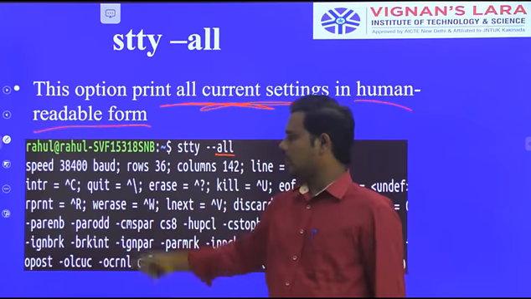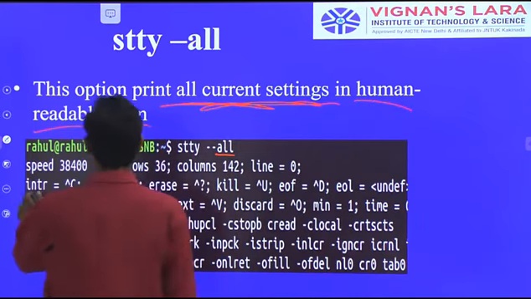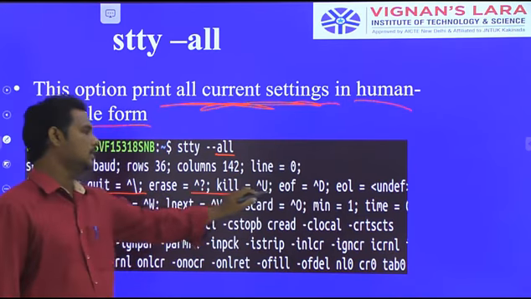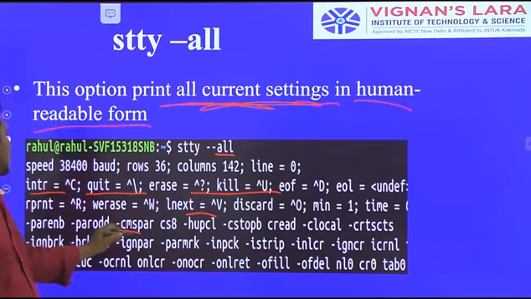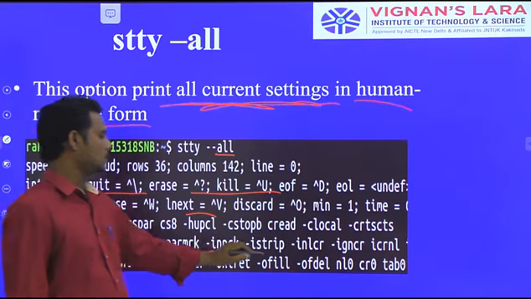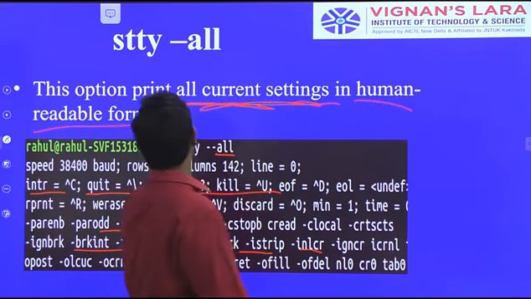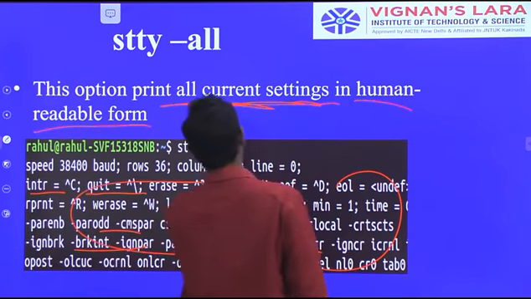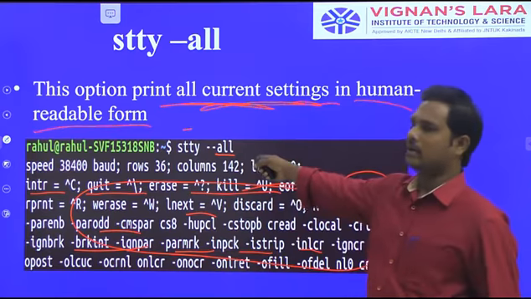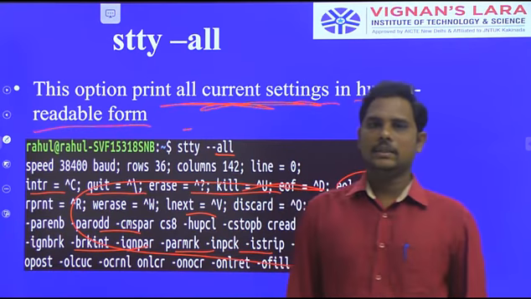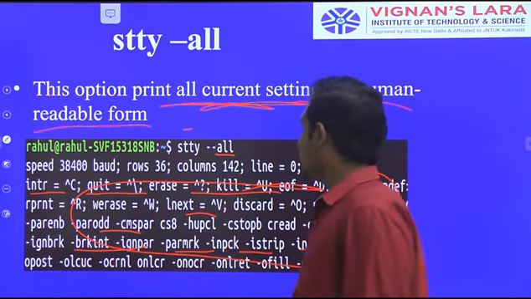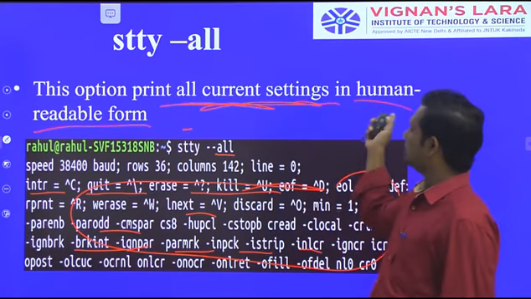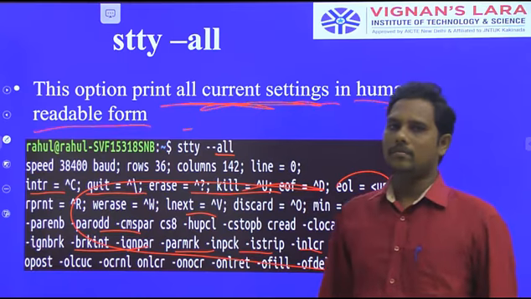In the program, what data types you are using, what operators you are using, all these things are human readable and will be displayed using the STTY all command. So the option STTY all prints the current settings in human readable form.